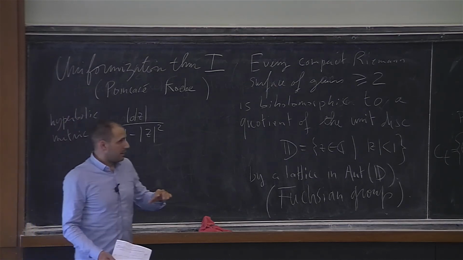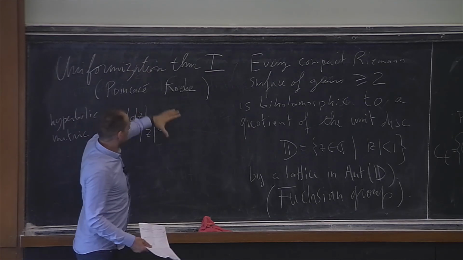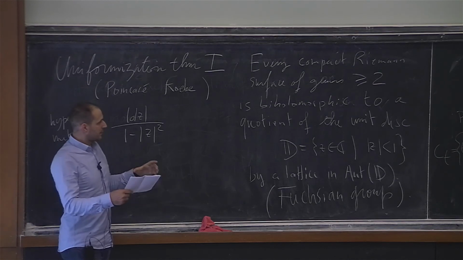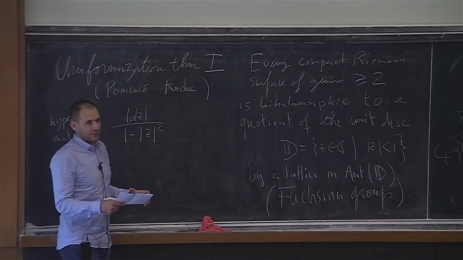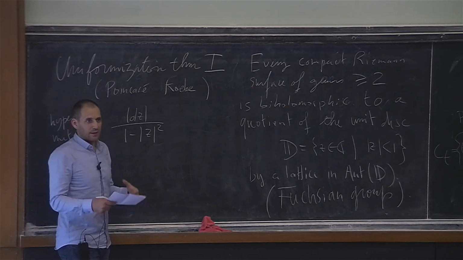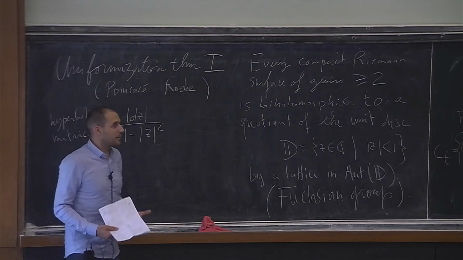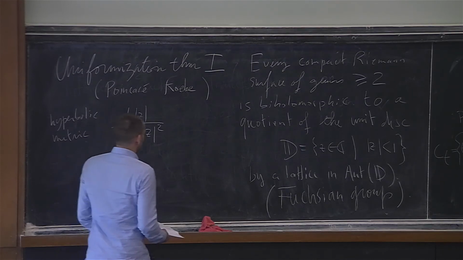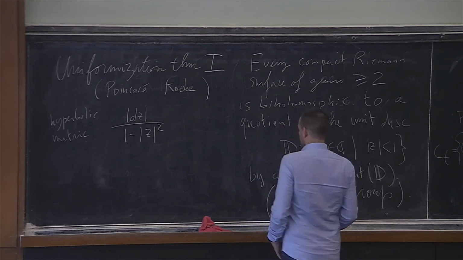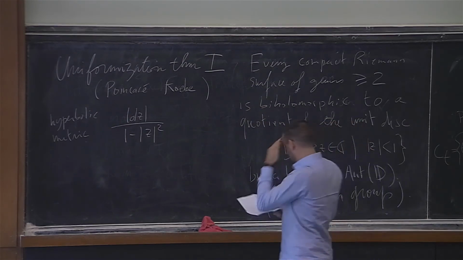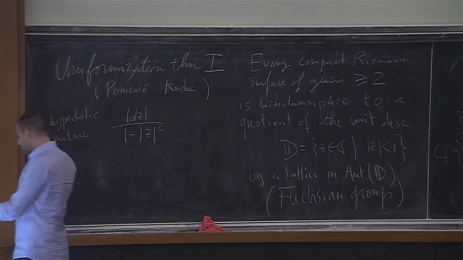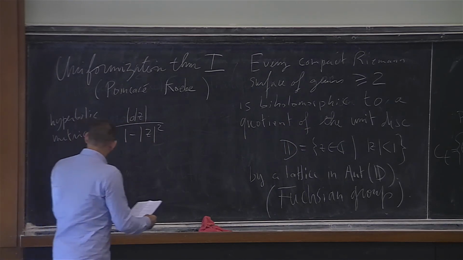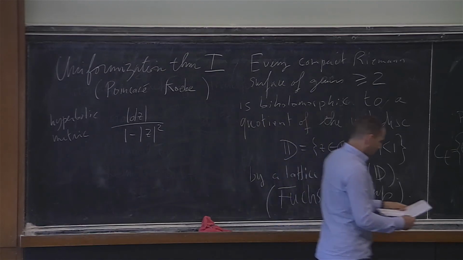And so this uniformization theorem tells you that every compact Riemann surface of genus at least 2 can be considered as a Riemannian surface of constant negative curvature. And so this is a very important fact.